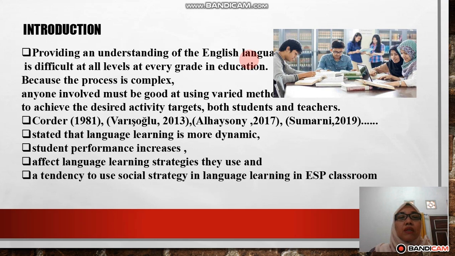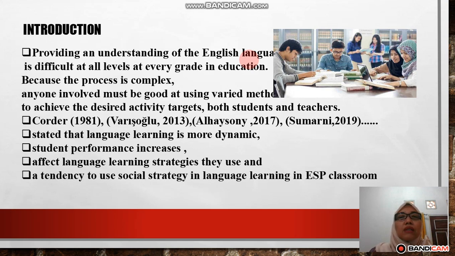Student performance increases by using the strategies before taking the course, and mapping the strategies affects the language learning strategies they use. And there is a tendency to use social strategy in learning in the classroom.